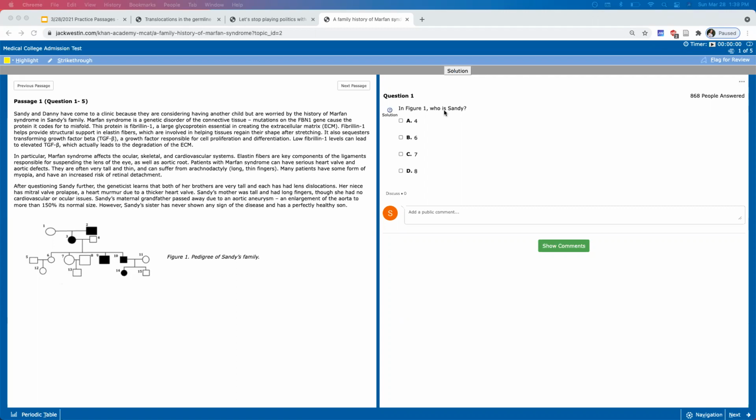Yeah, perfect. B. Brian, do you want to share how you got that? Because based on the description in the last sentence, they're talking about how Sandy has a grandfather who passed away due to the condition, and a mother who also had the condition. So we can eliminate the first top row on the pedigree.